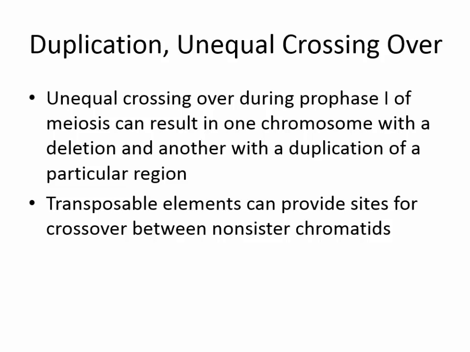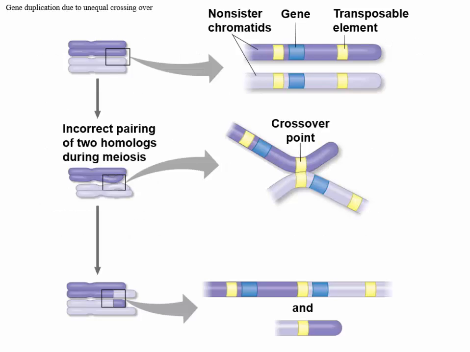Unequal crossing over during prophase 1 of meiosis can result in one chromosome with a deletion and another with a duplication of a particular region. Transposable elements can provide sites for crossover between non-sister chromatids. And here's a picture of gene duplication due to unequal crossing over.